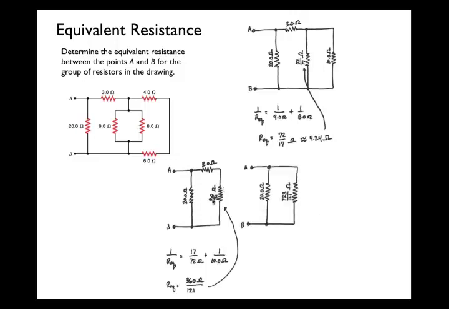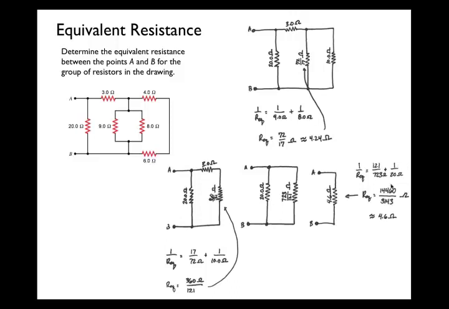That part is now in series with the 3 ohm resistor, and you put those together and you add them directly. And you end up with 723 over 121 of an ohm, or again just under 6 ohms if you're going with your decimal. And then that equivalent resistance is in parallel with the 20 ohm resistor, so we do 1 over 20 plus 121 over 723.